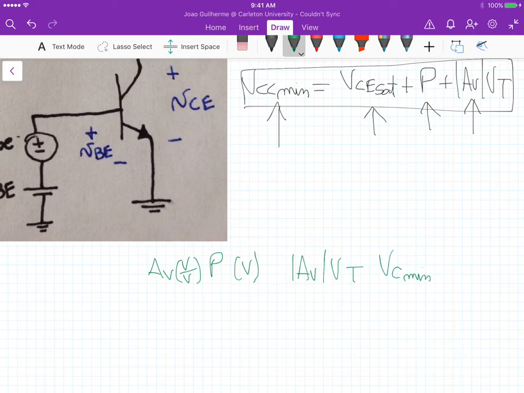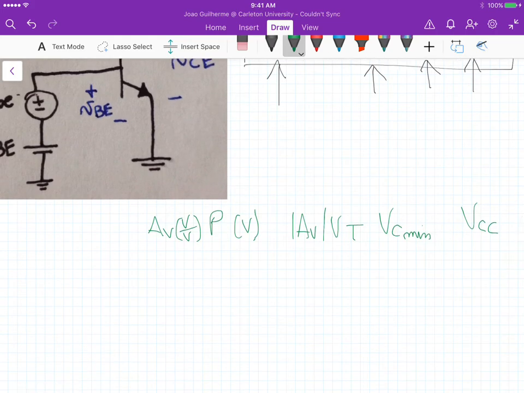Because we want to make sure that the circuit operates properly, as requested by the problem, we will round this VCC minimum to the nearest 0.5 volts. And remember, if the problem doesn't give any temperature, you always consider VT equal to 25 millivolts.